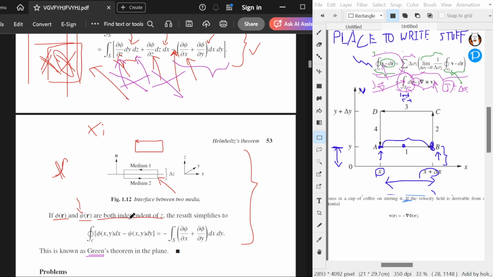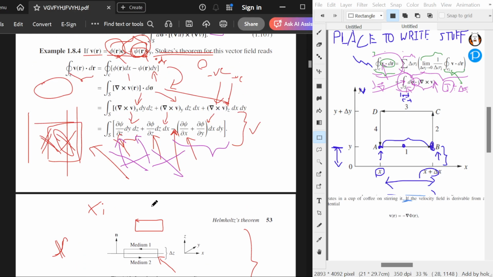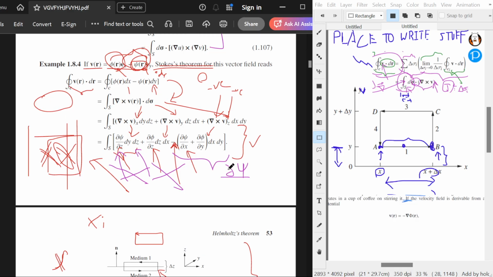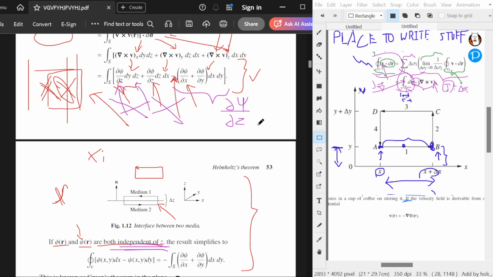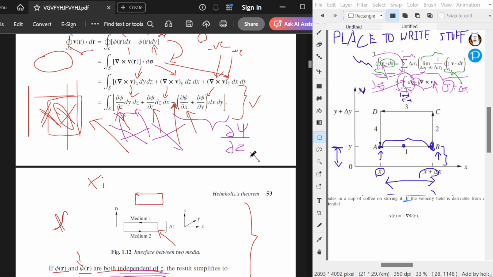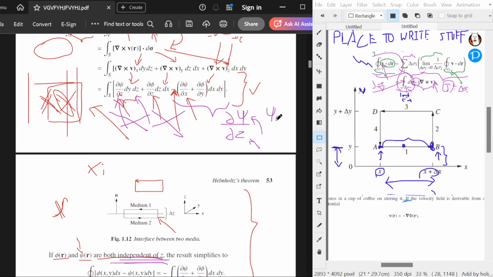If this and this are both independent of z, the result simplifies to this, independent of C. So right now, del chi, del C. If this is independent of C, that means this change does nothing to this. So del phi del z, del chi del z is just chi. So it can just be chi dy dz.